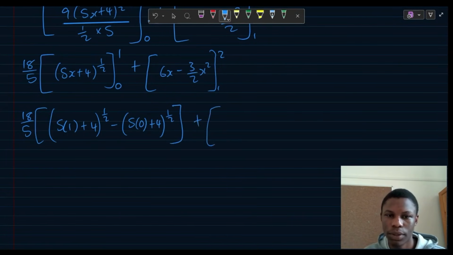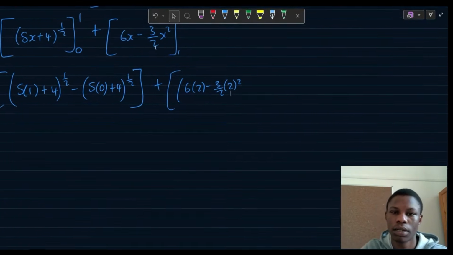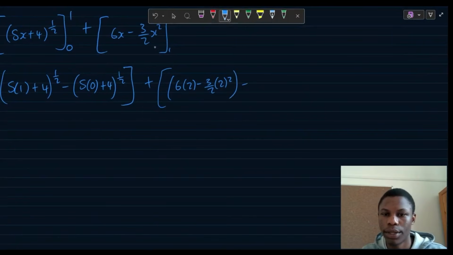And we'll do the second one. So start with the upper limit, 6 times 2 minus 3 over 2 times 2 squared. And then we'll do the lower limit, so that's 6 times 1 minus 3 over 2 times 1 squared.